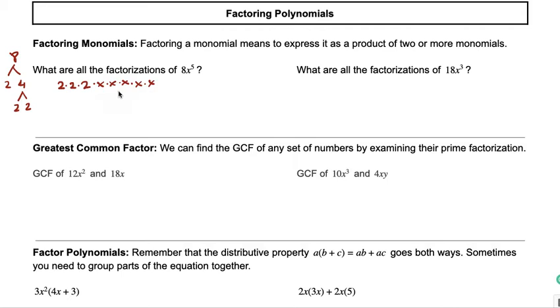Now I know it says, what are all the factorizations of 8x to the fifth power? That's a pretty big ask, right? There's a lot of different combinations there. If you remember from our previous unit on probability, you figure out how many different combinations you have here.